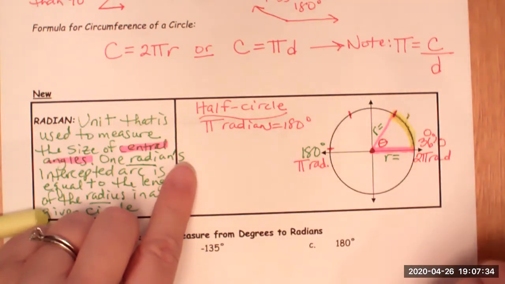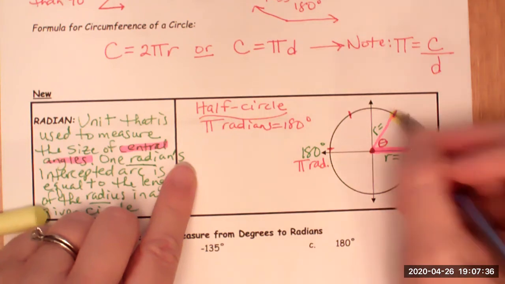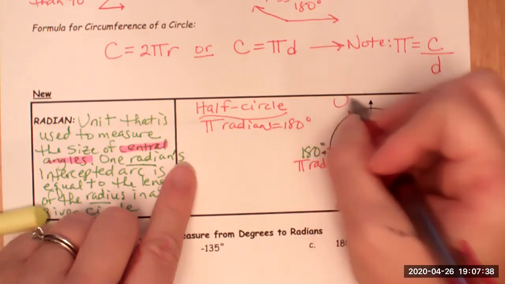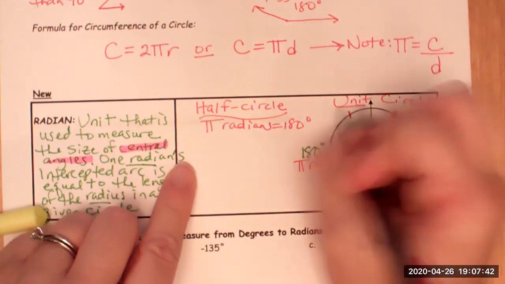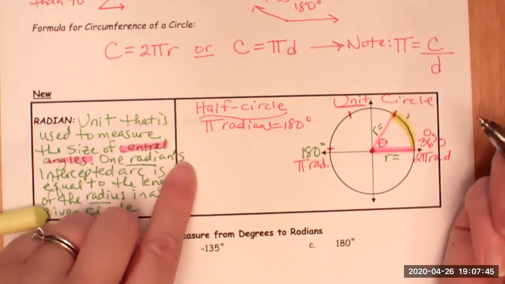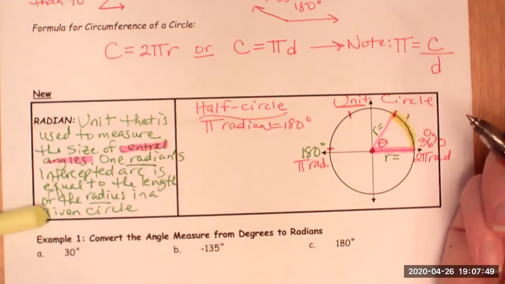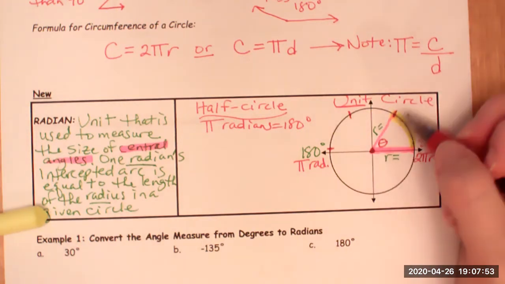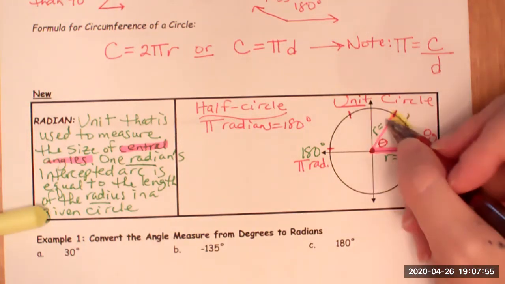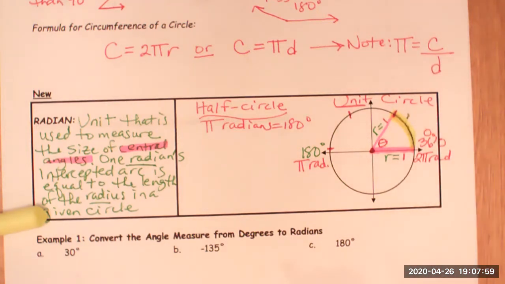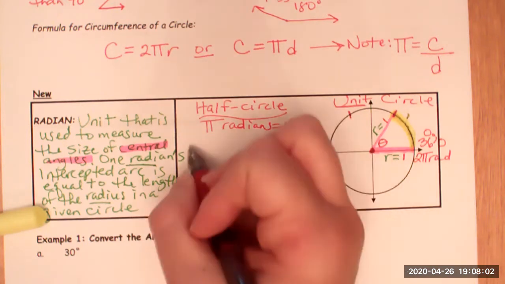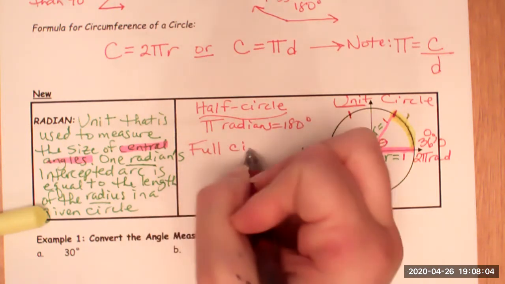Now we are going to be defining this circle as a unit circle. Unit comes from the same word as uno, or in Spanish, for example, one. So basically we're talking about a circle that has a radius of 1 unit. How's that going to help us? Let's look at a full circle.